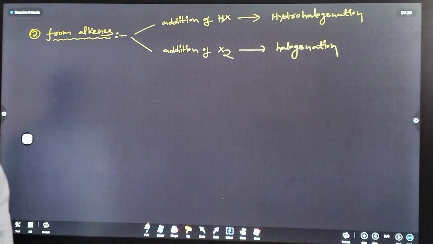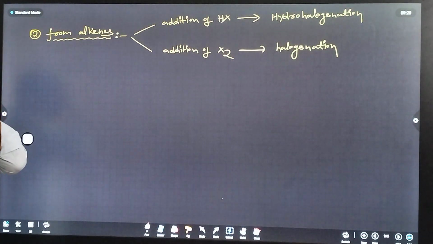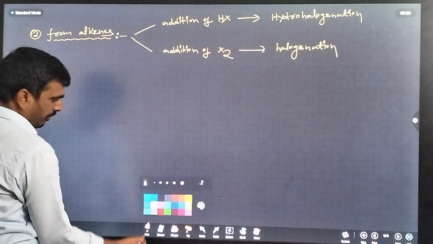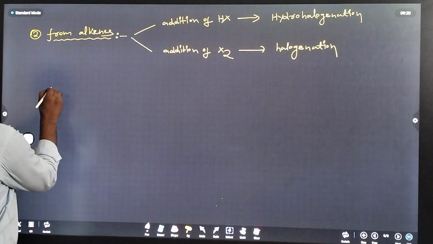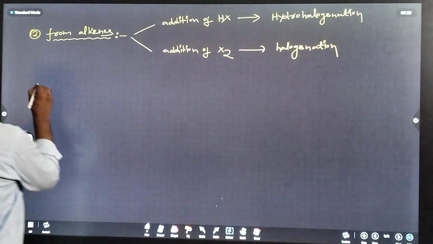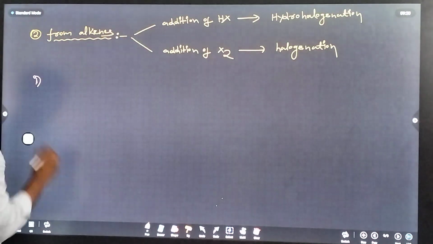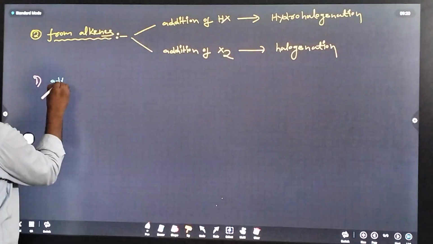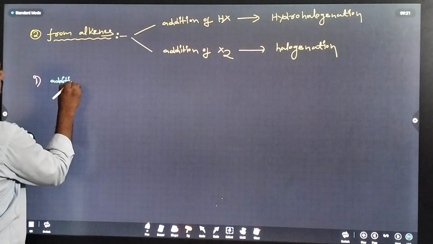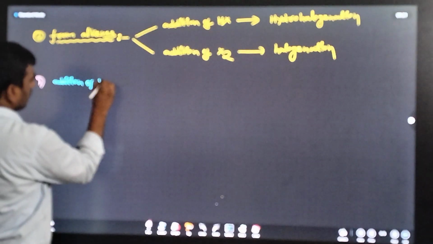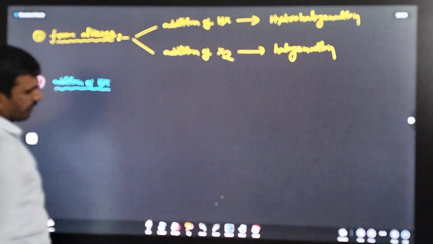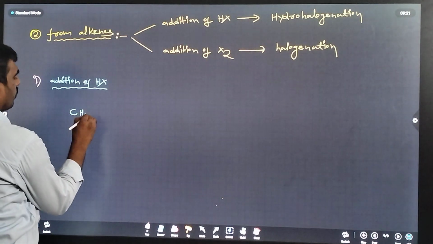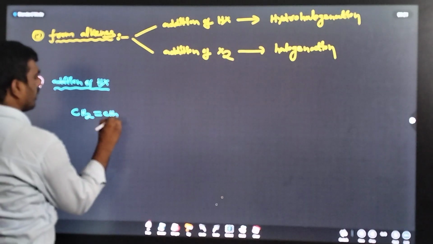So next, here the substrate is alkene. Substrate means starting materials are called substrate. So first, addition of HX. I can take the first reaction, addition of HX, and alkene CH2 double bond CH2.